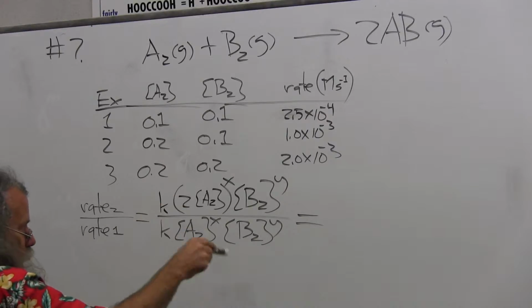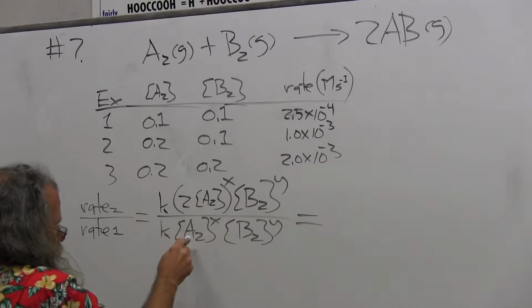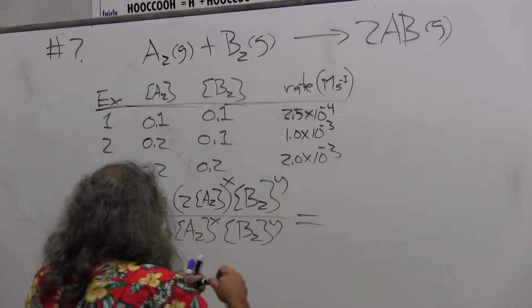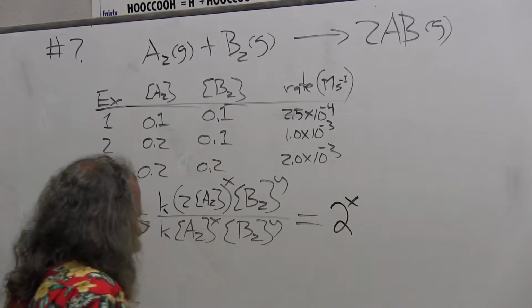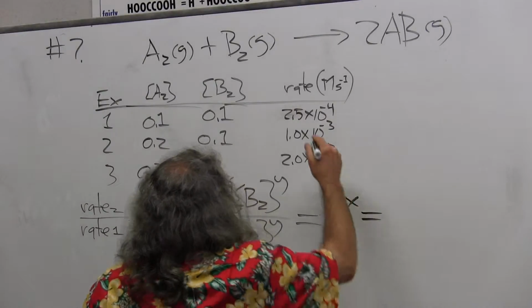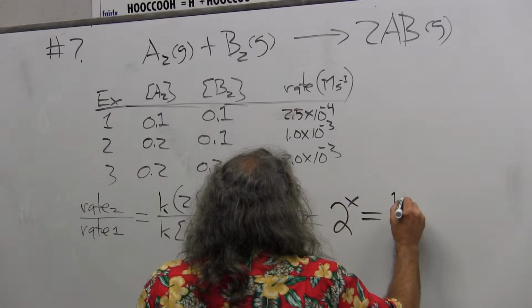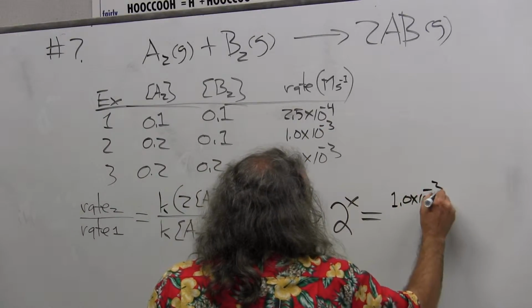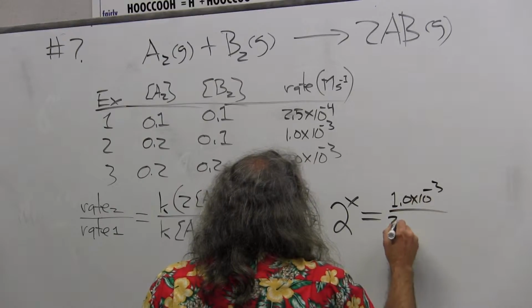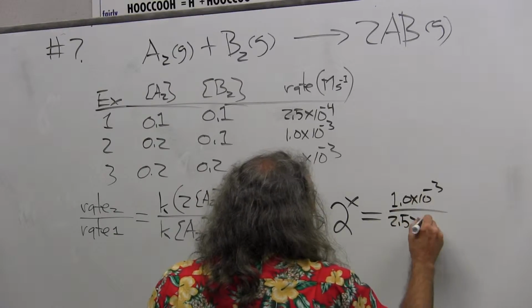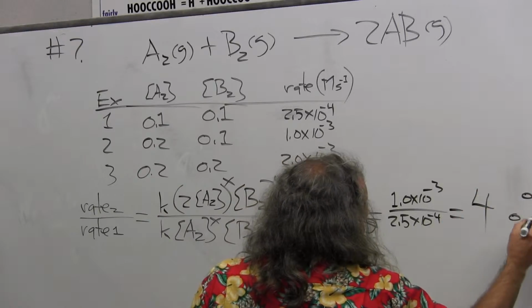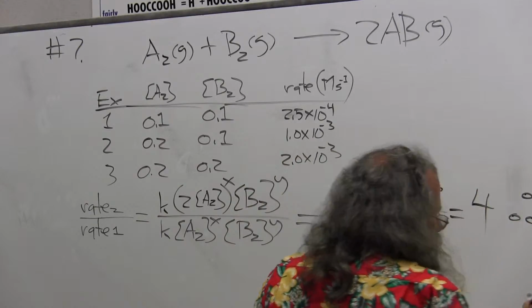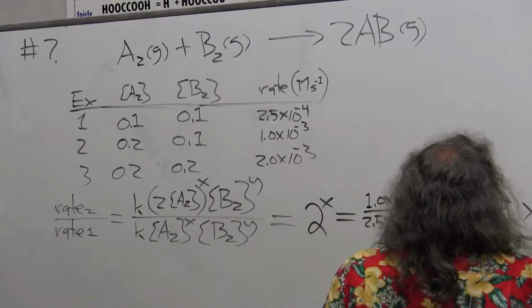K divided by K drops out, B2 to the Y drops out, A2 to the X drops out, and that's equal to 2 to the X. And that is equal to 1.0 times 10 to the -3 divided by 2.5 times 10 to the -4, and that's equal to 4. Therefore, X is equal to 2.